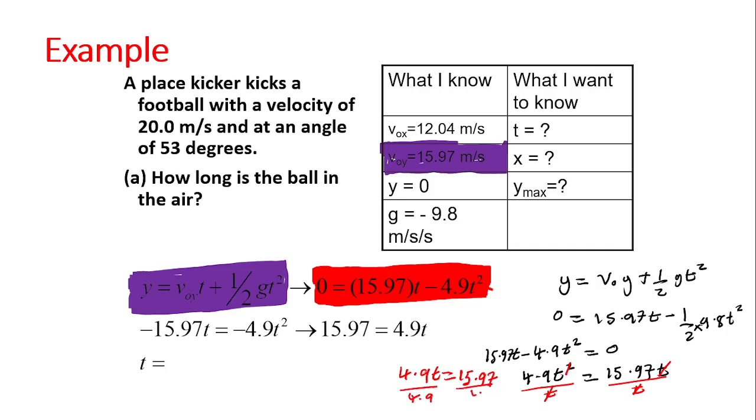Then I divide throughout by 4.9. When I do that, the 4.9s on the left-hand side will cancel, and this one into that simply gives us 3.26 seconds. That's all.